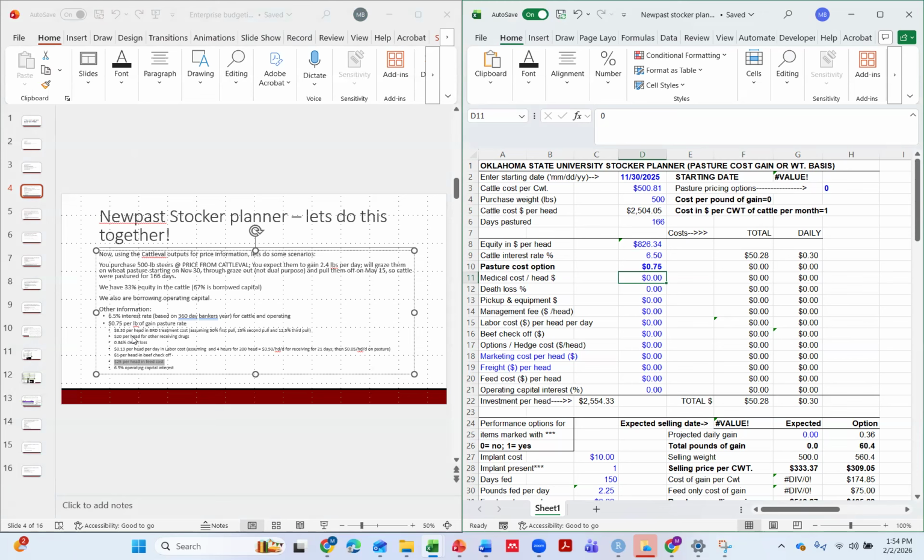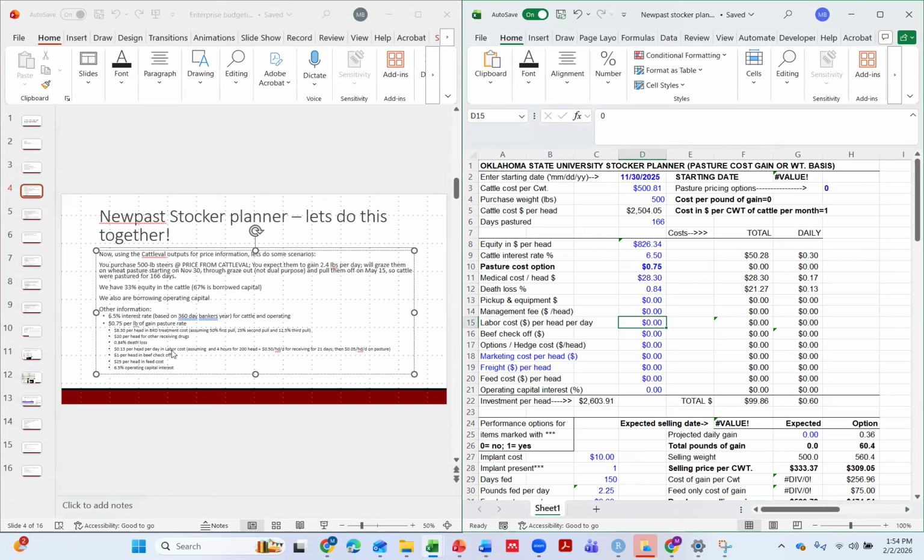Our medical cost is really this cost of dollars per head of receiving drugs plus this $8.30 for BRD treatment. So that is $28.30. Our death loss percent is 0.84. We're not assigning a value for pickup or management.